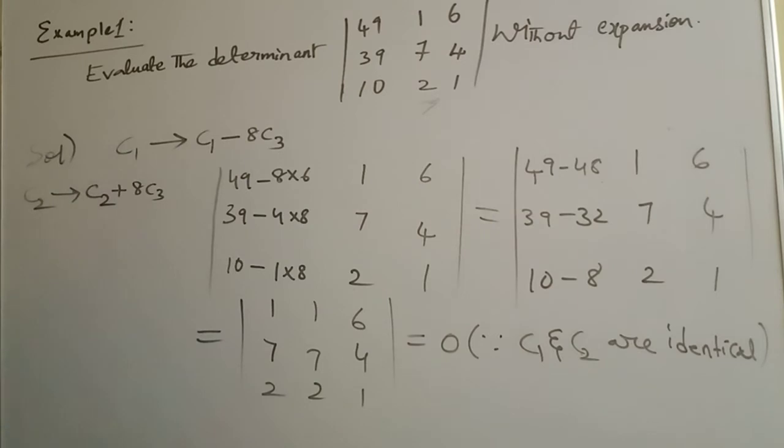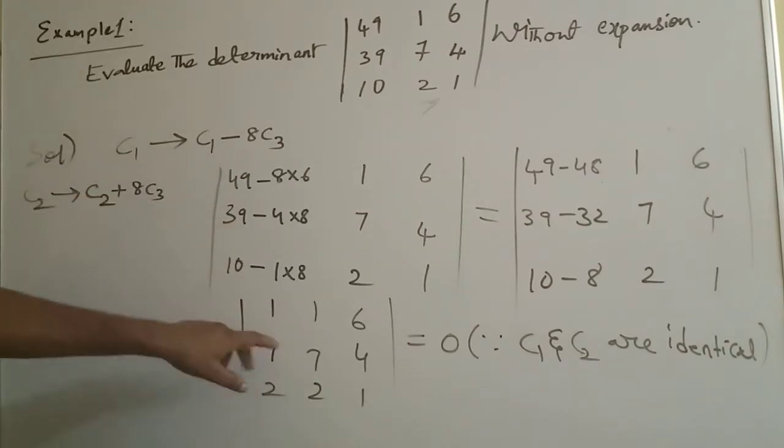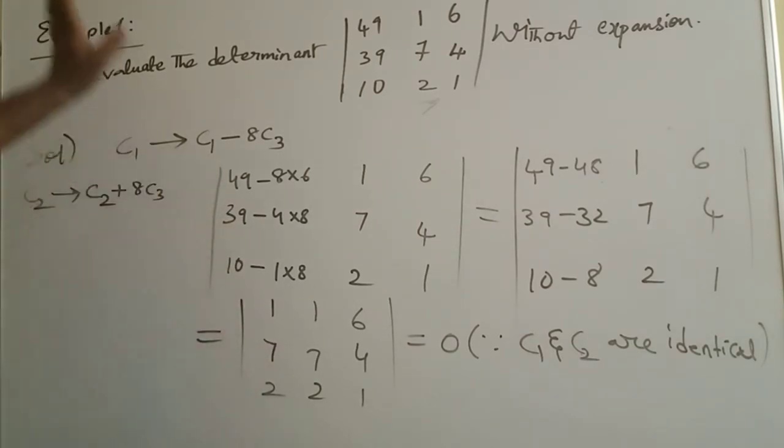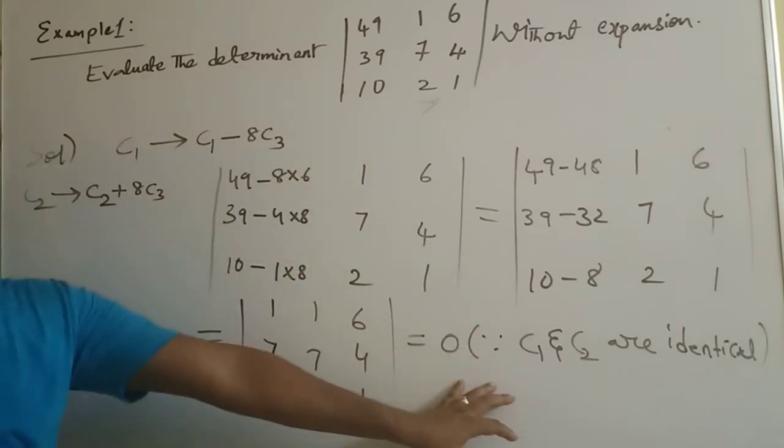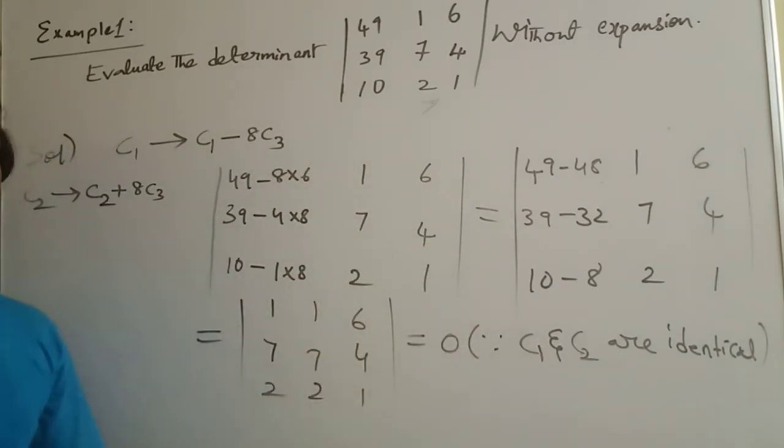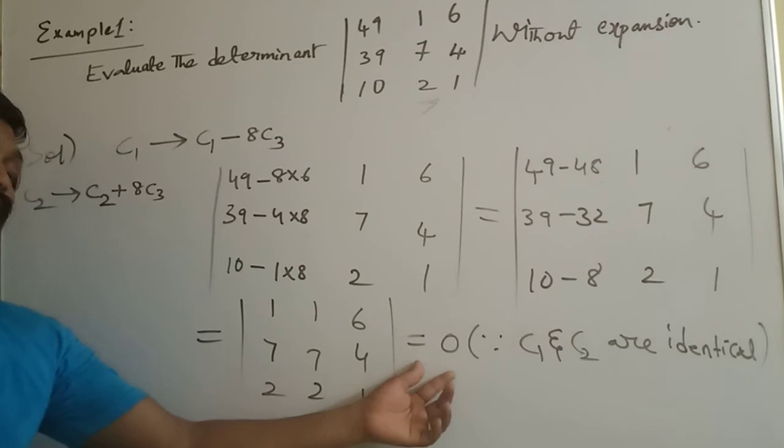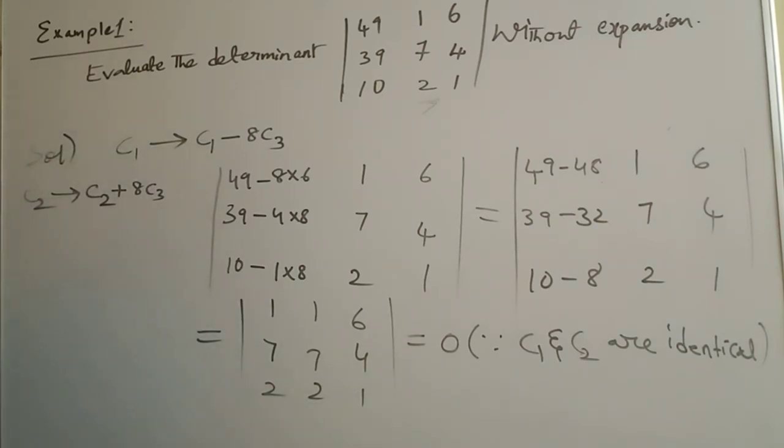So you again get two columns equal, so it is going to be 0. Or we can say that C1, C2 are identical, so the determinant value is 0. We can represent this with delta also. So that is about example number 1. I hope you all understood. Let's move on to example number 2.